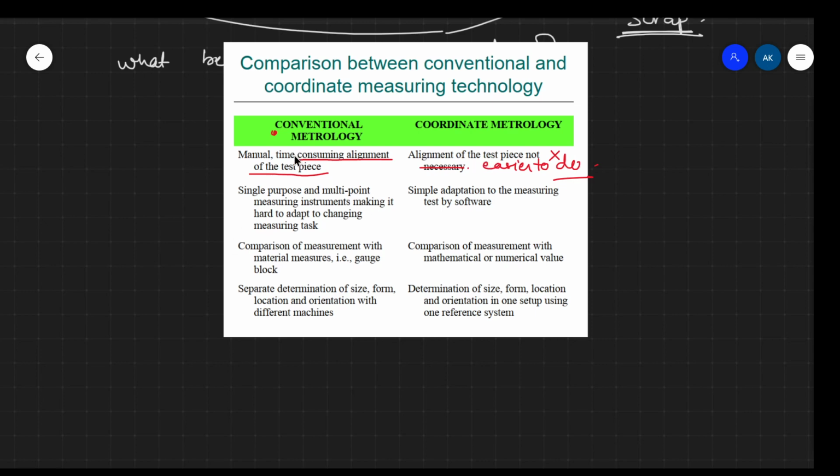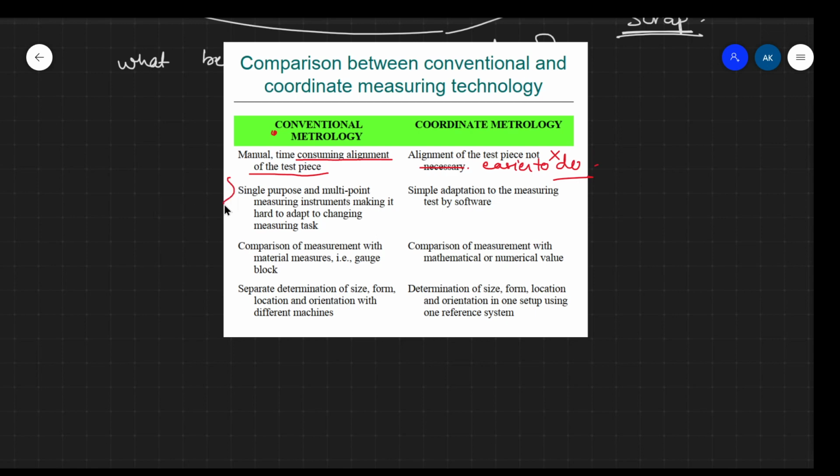Now, when conventional was done, suppose one person has to measure one dimension, he will use, suppose, a vernier caliper, and then he will do 1 point testing only at a time. And then he has to do so many measurements on the entire body of the job, and finally he will be done.